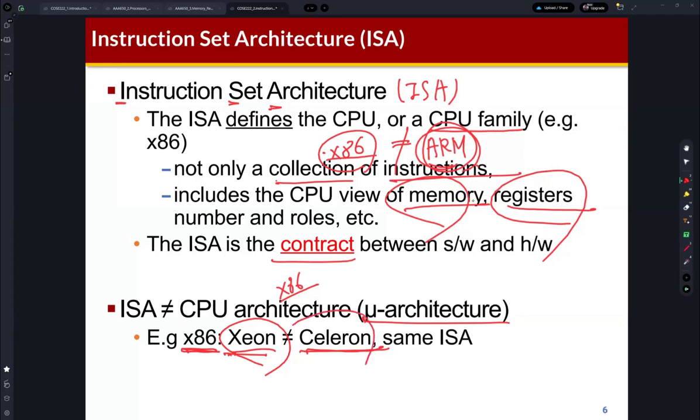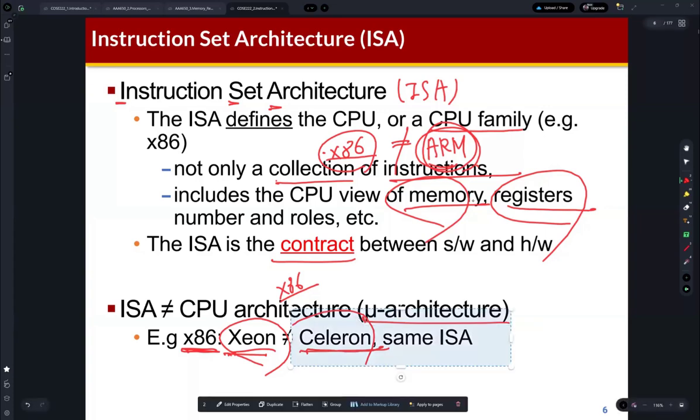Celeron is the same. Celeron is also an Intel CPU brand, and it can execute x86 instructions. So we can say that Celeron is in the x86 family, the instruction set architecture family. But the microarchitecture is different.